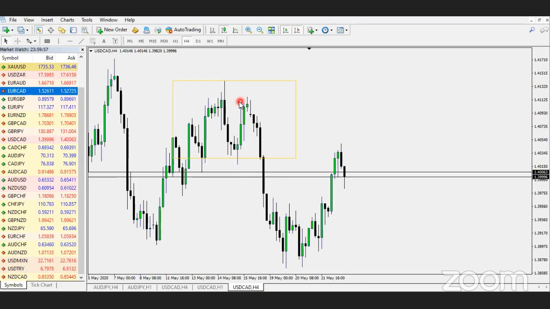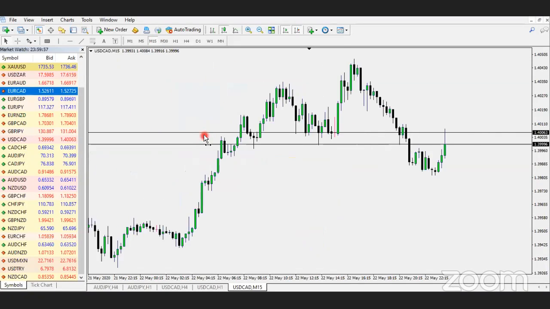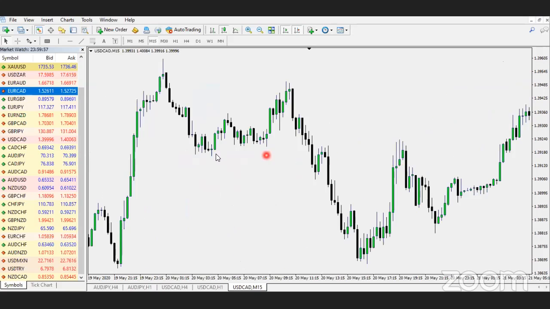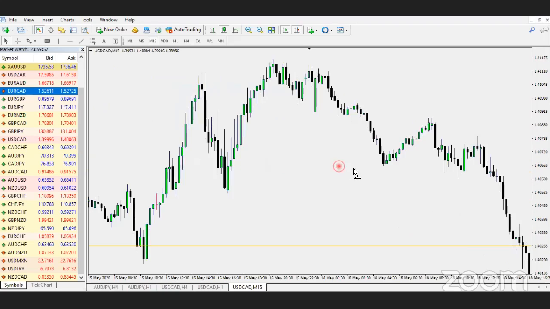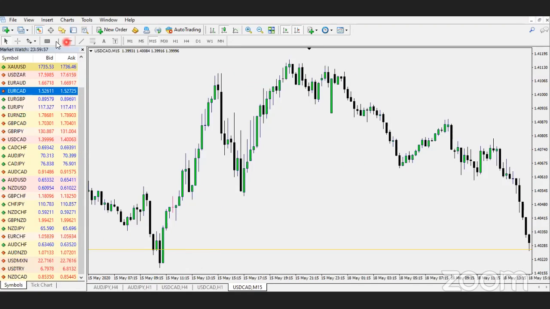Okay, sure. So if we look here at this particular pair, we can say inside this box over here, I have my recent high that was created. So if we go down to the 15-minute and we look at that zone, we know that our directional bias is bearish. So over here, we have already marked up that this was the peak formation high. And our first break in market structure occurred over here, okay?